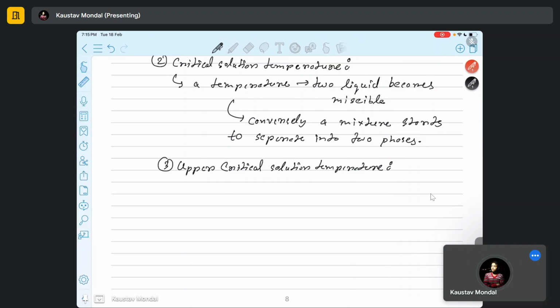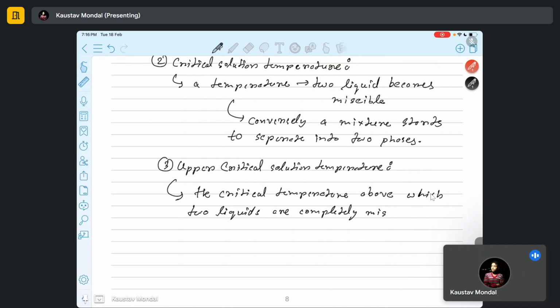This is the critical temperature above which two liquids are completely miscible in all proportions.